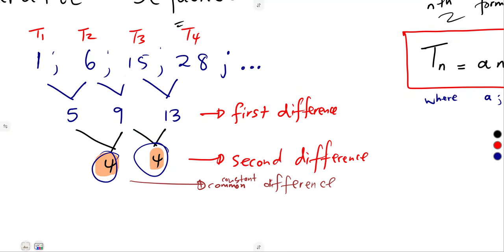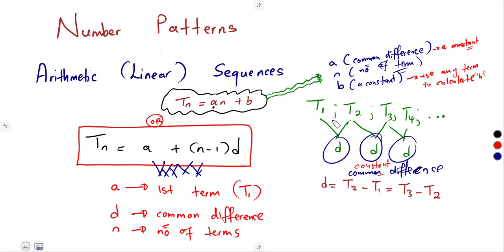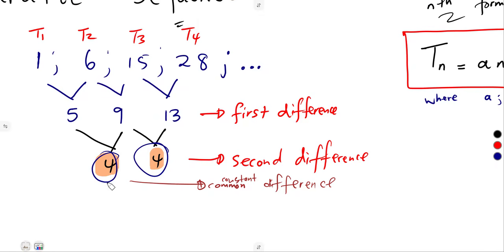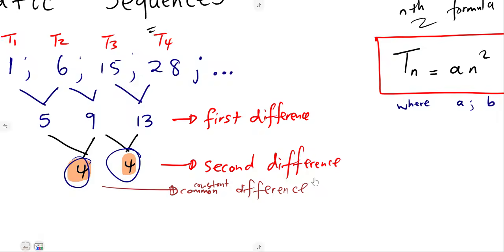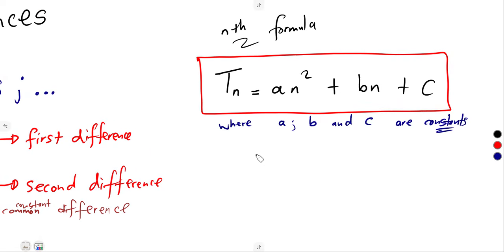It follows that when it was a linear, our A was just corresponding to the first term as it is. But here, please take note. Our A will be taken from the second difference.